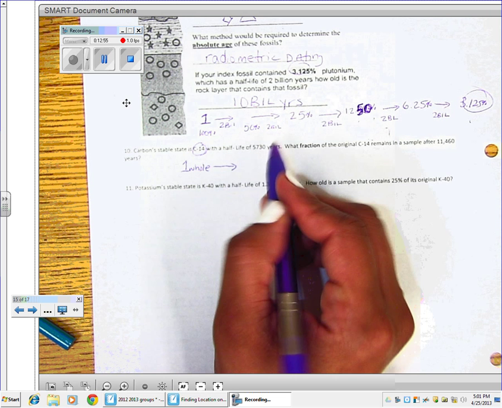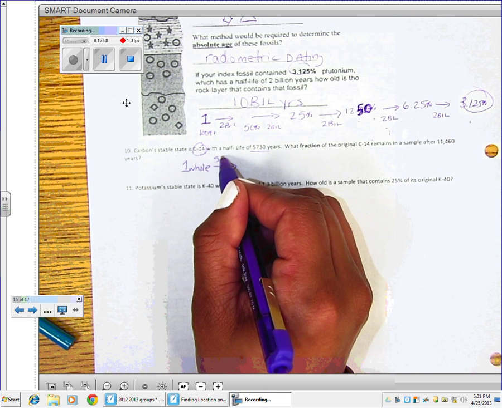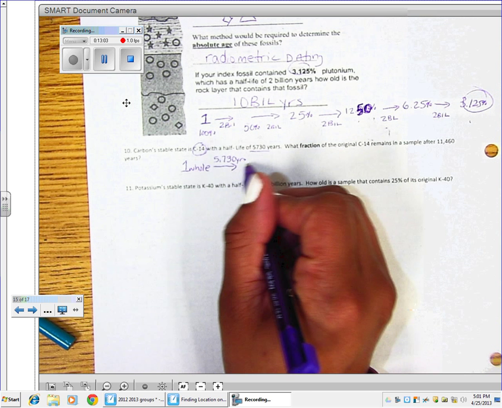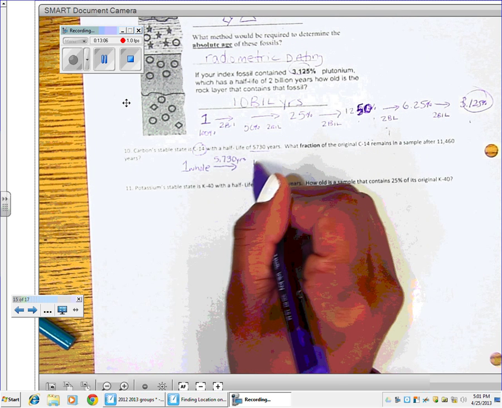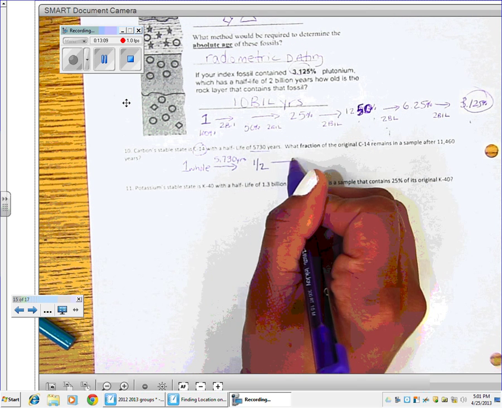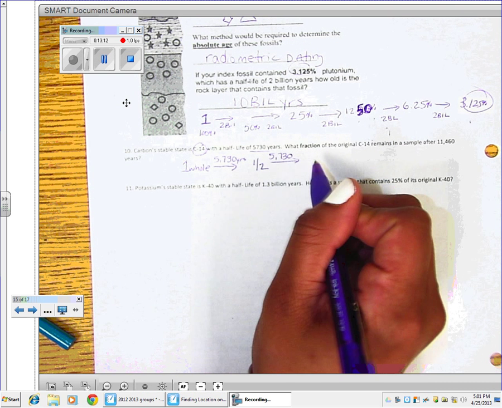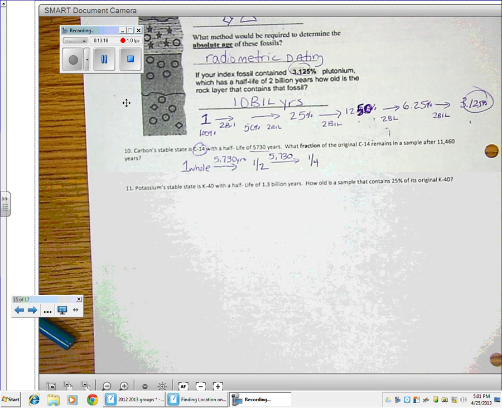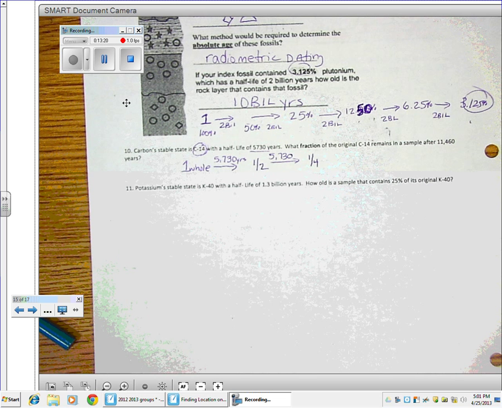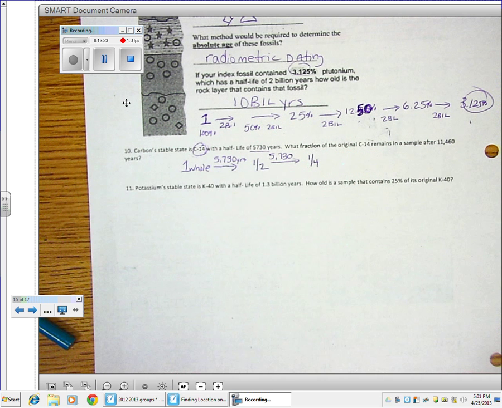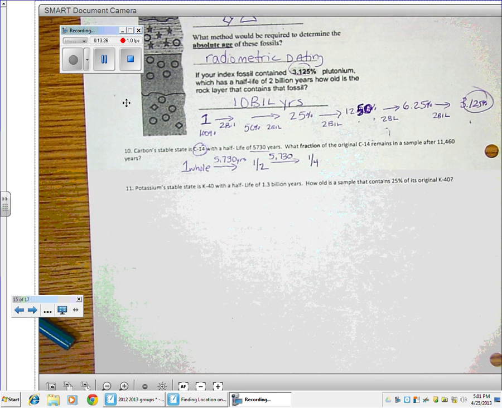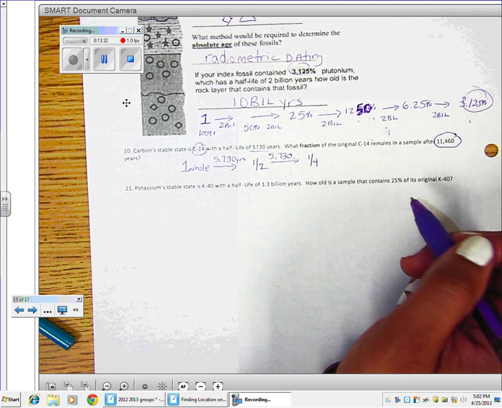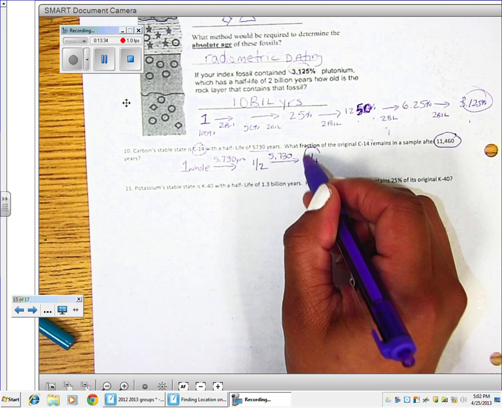After time has passed, the half-life is 5,730 years. After that 5,730 years, we now have a half. Over another 5,730 years, we are going to have a fourth. How much time has passed from there? Well, let's take a look. We have two sets of 5,730 years. That is totaling 11,460 years. So the amount that remains is 1/4.